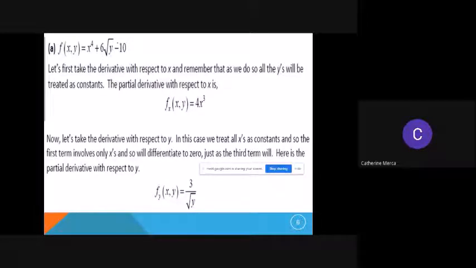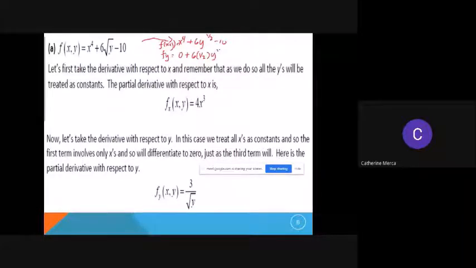But we can rewrite this as x to the fourth plus 6y to the 1/2 minus 10. So if you have your f sub y, this is 0, this will give you plus 6 times 1/2, then y to the 1/2 minus 1.